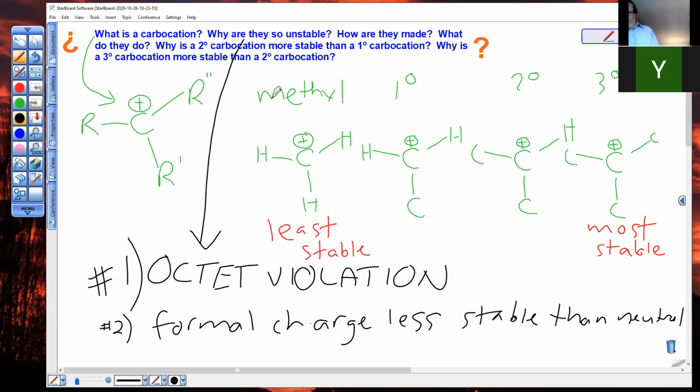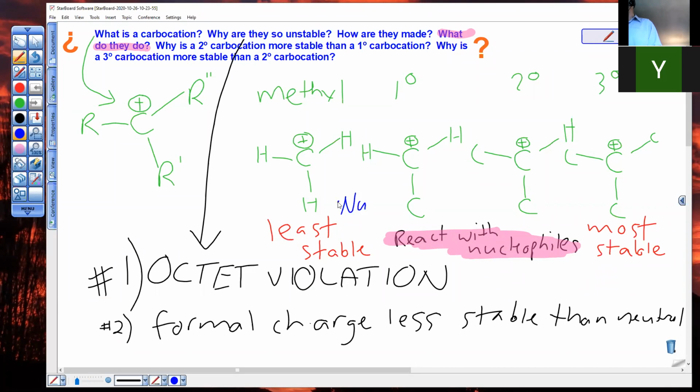What do they do? Here's what they do. They react with nucleophiles. That's what they do. Remember, nucleophiles love the nucleus.